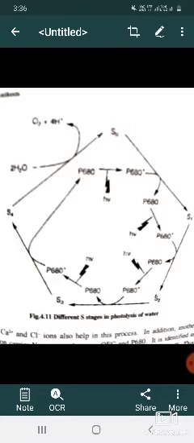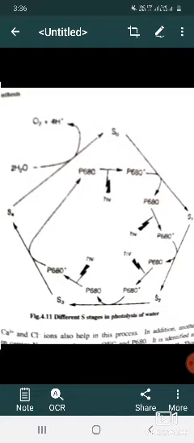So Kok proposed as early as 1970 that oxygen is released from water in four flashes.